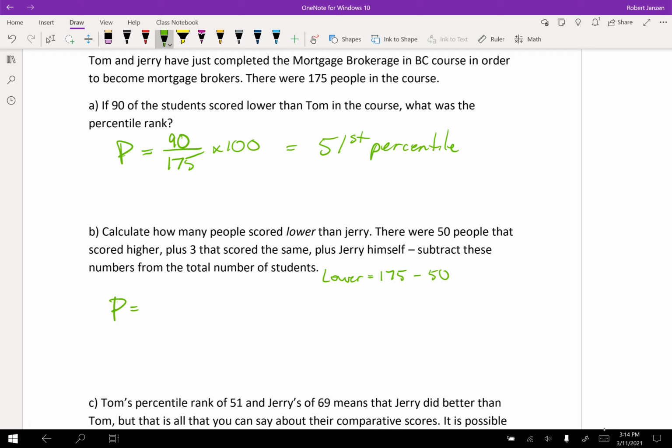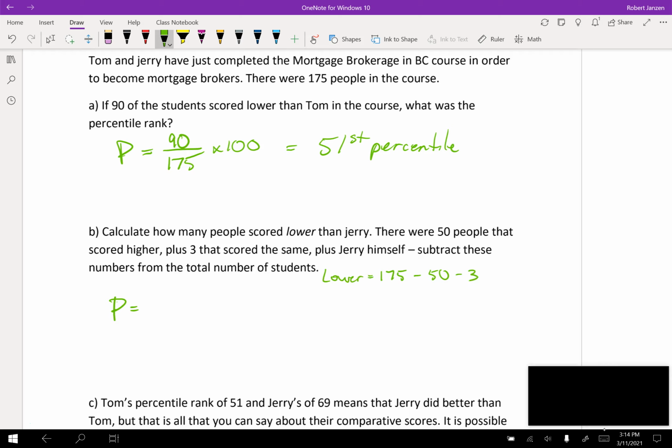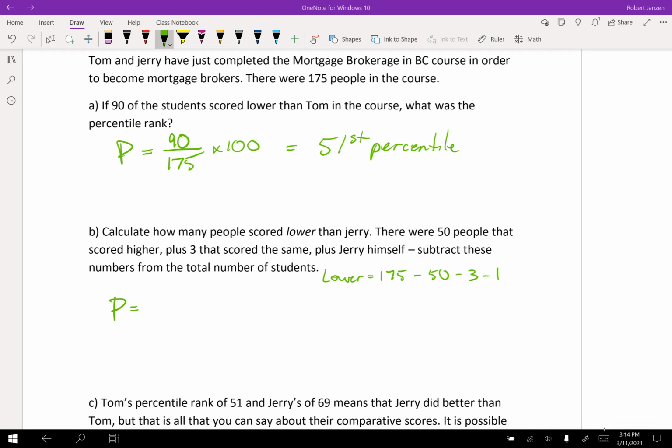So take away the 50, take away the 3 that scored the same as him, plus take away himself, and this gives you 121 scores. So there are 121 that scored lower than him out of 175. Okay, so that means he finished in the 69th percentile.